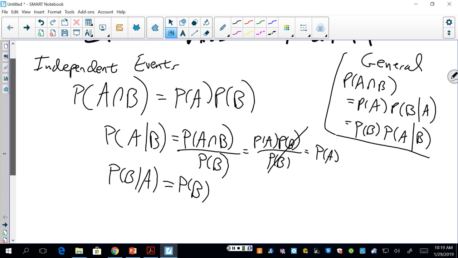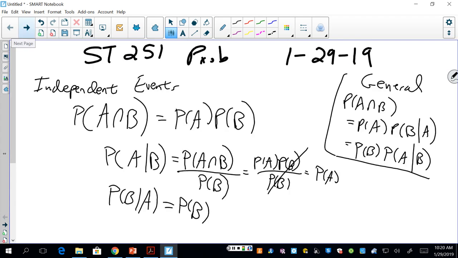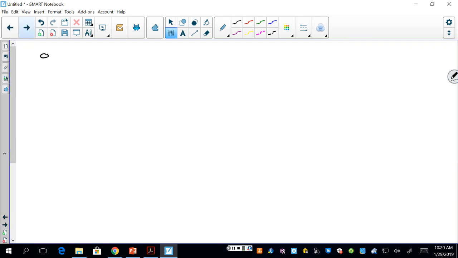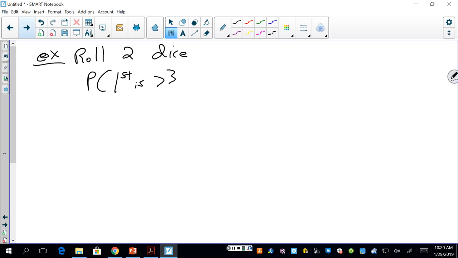So this comes up in a number of circumstances. If we have a series of events, or we repeat something and it doesn't change the chances. Let's say the simplest one of these is we roll, say, 2 dice, and we ask, what's the probability that the first one is greater than 3, and the second one is greater than 4.